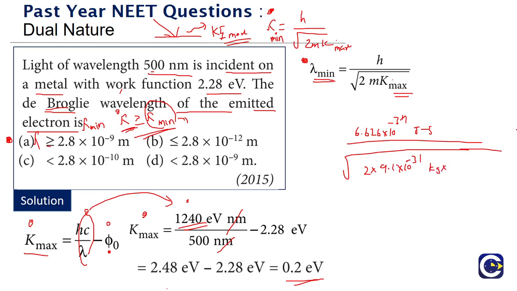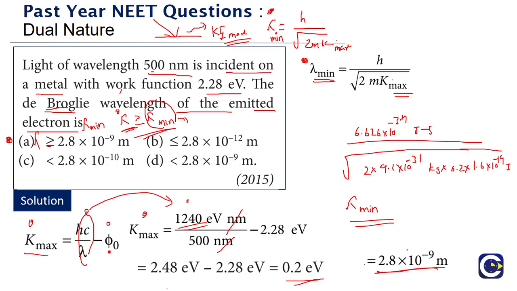What is K max? 0.2 electron volt, which means 0.2 into 1.6 into 10 power minus 19 joules. Simplifying this gives us the lambda minimum value, which is 2.8 into 10 power minus 9 meter.